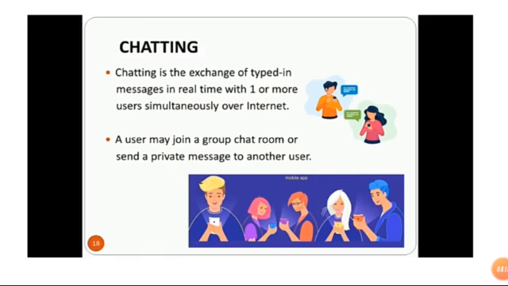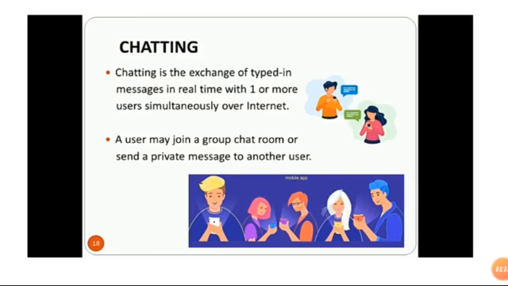Then next is chatting. Chatting is a way of conversation. We can do with one person, we can do with many persons, we can discuss on any topics. Nowadays chatting is very popular. There are different chat websites, chat room, messengers.